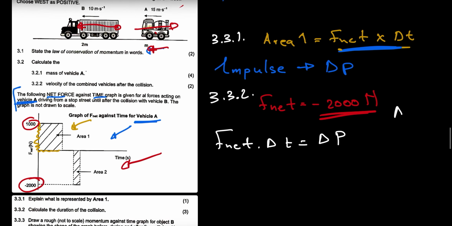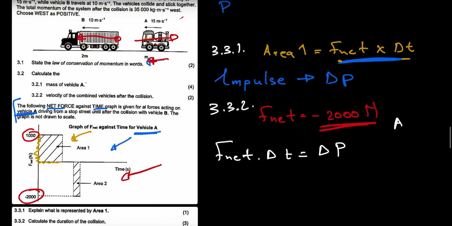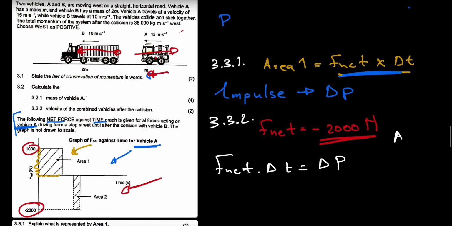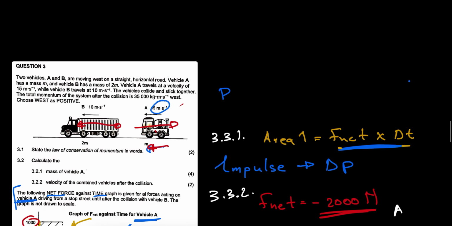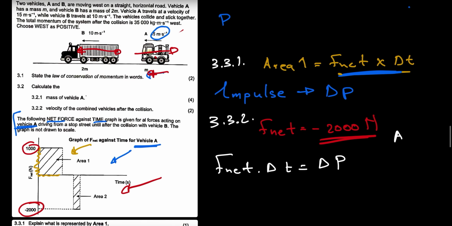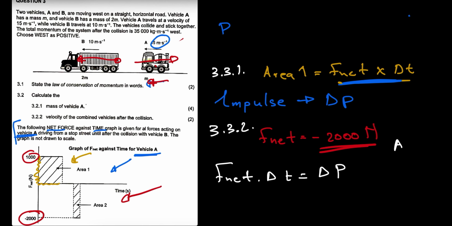So if we use object A, remember we have the initial velocity as 15, but we have the final velocity of both objects. I thought we were not going to use that, but I still have that answer on the calculator. The velocity of both objects finally was 11.67 meters per second, going to the west.